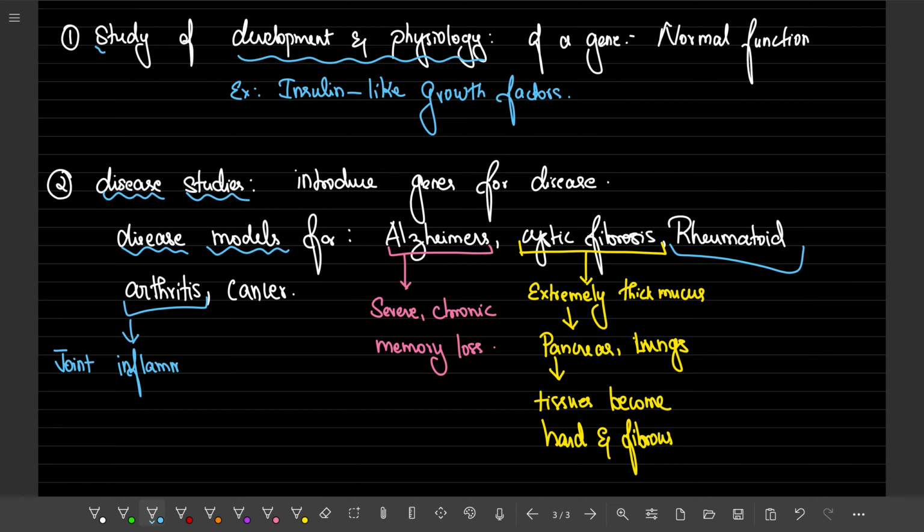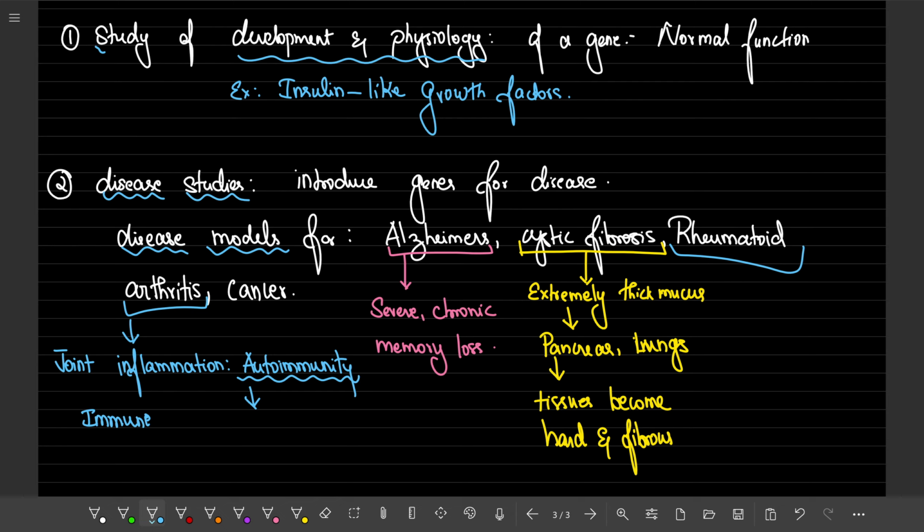Rheumatoid arthritis, I think you all know. What is rheumatoid arthritis? Joint inflammation caused due to what?